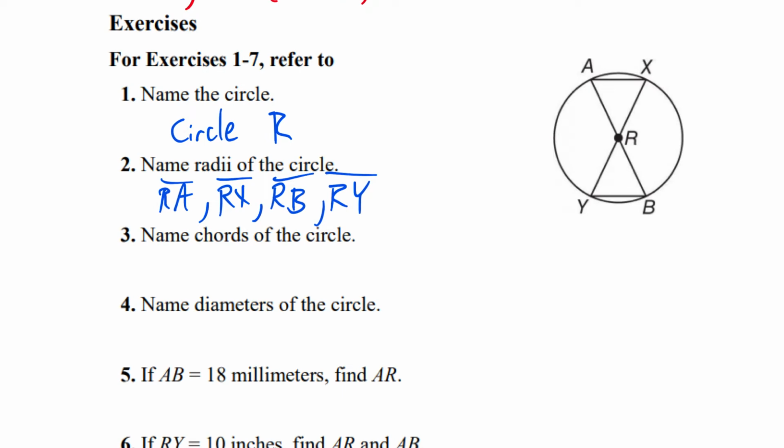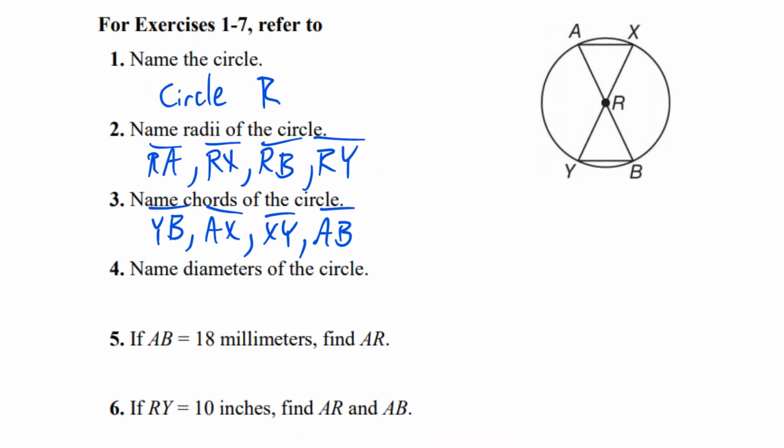Okay, name the chords of this circle. Okay, wait, say again the first one. Okay, YB is 1, yep. AX, XY, and AB. Yep.